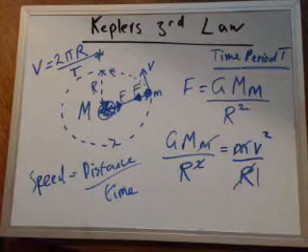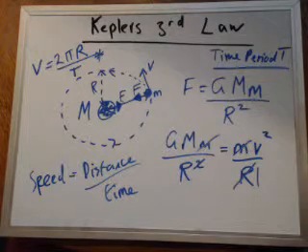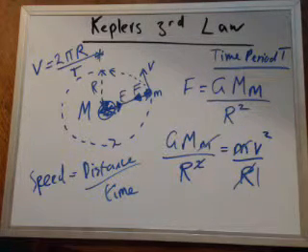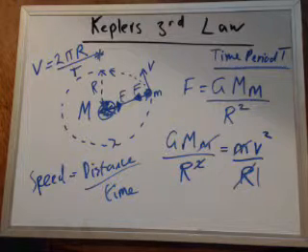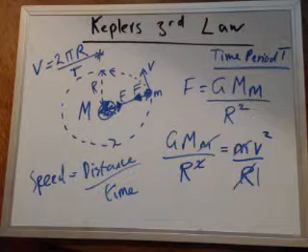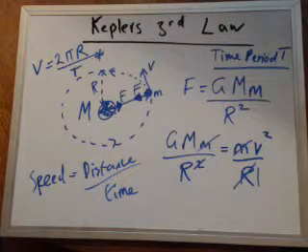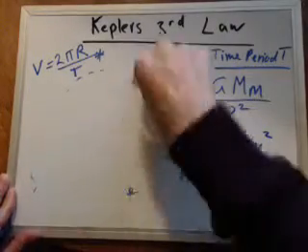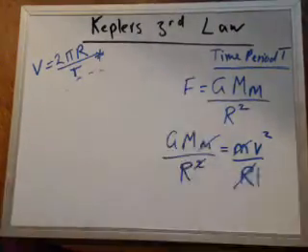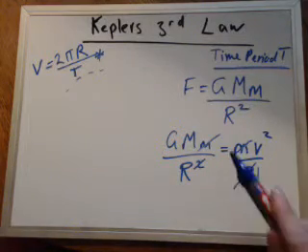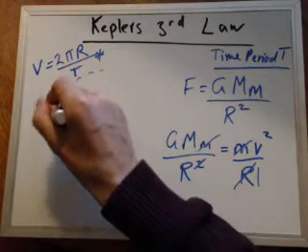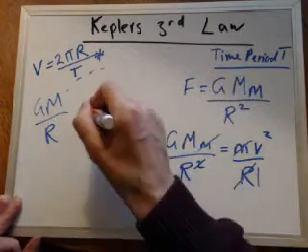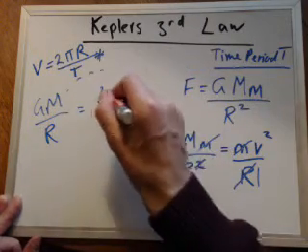I'll give myself a little bit of space, and I'll continue with the question. So here we go. From here, GM over r is equal to v squared.